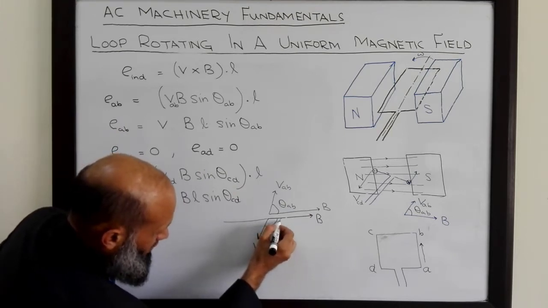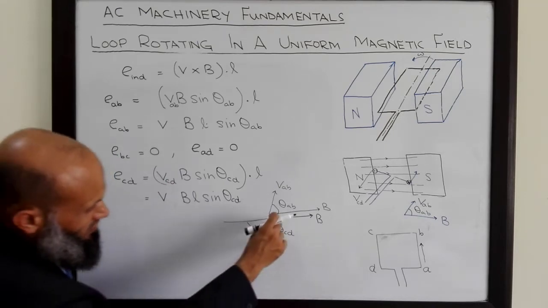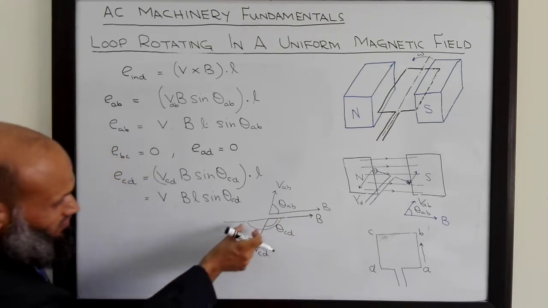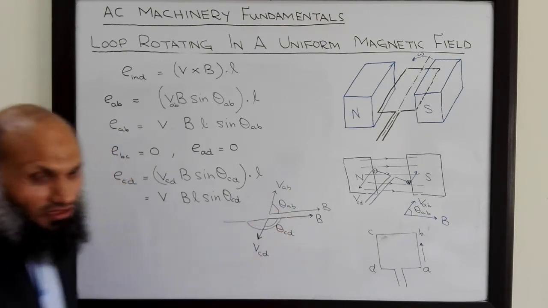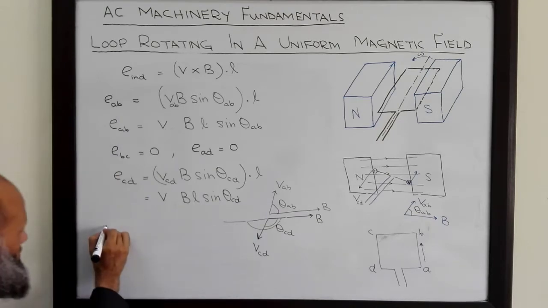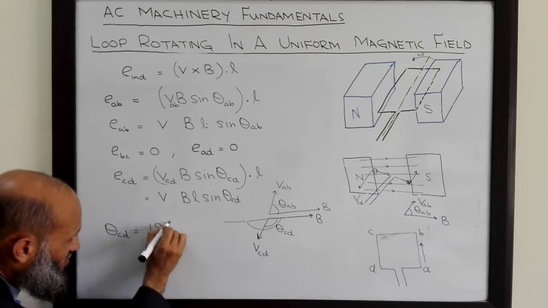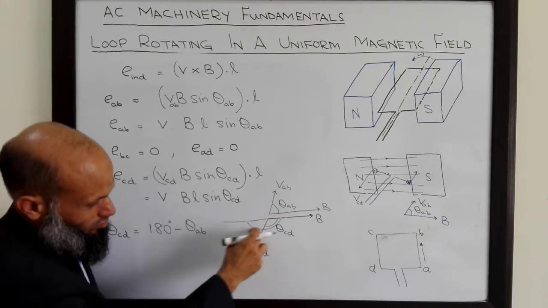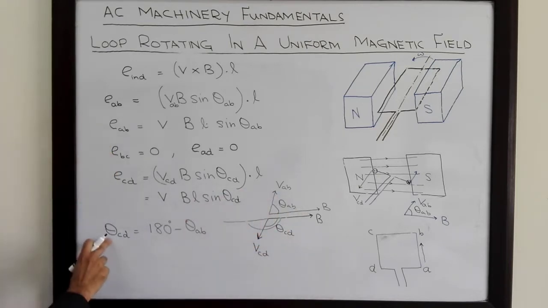What is this total angle? This is 180 degrees, and this angle is 180 degrees minus this angle. By simple trigonometric relations, this angle is the same as this angle. That is, theta CD is equal to 180 degrees minus theta AB.